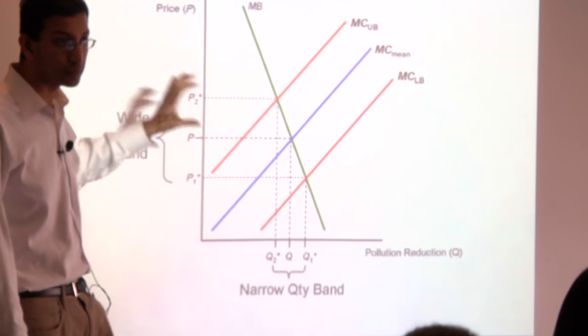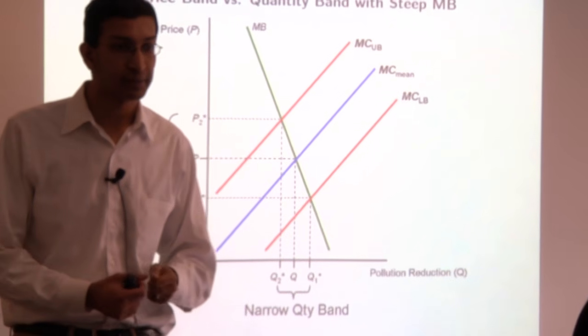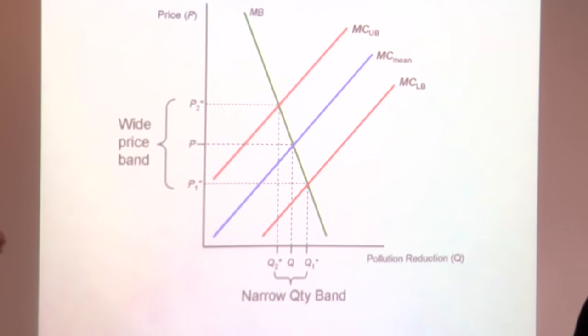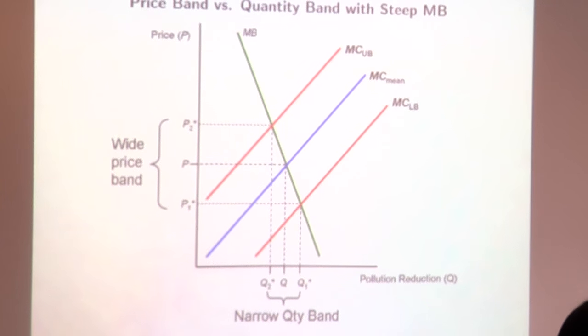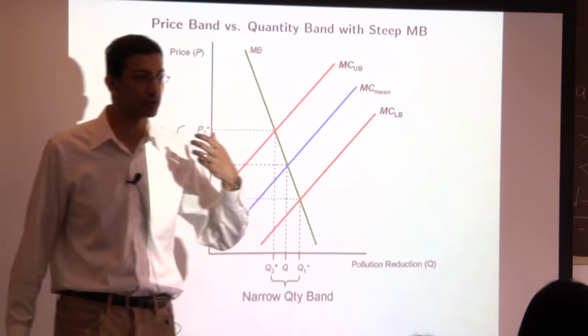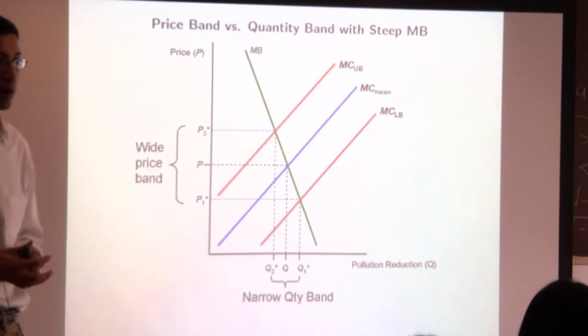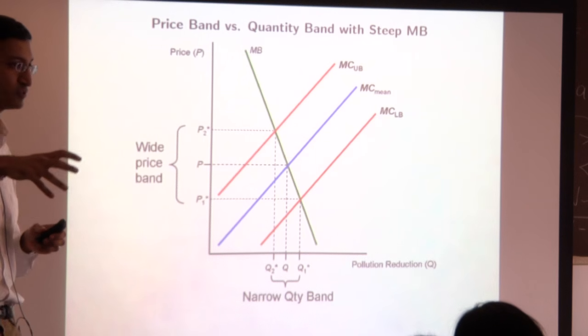So the simple mathematical intuition is there's a lot more scope to make a mistake with the price choice than the quantity choice. Intuitively, what's going on? One concrete example of a steep marginal benefit curve is some sort of toxin in the air where if you're below 10 units of this toxin, it makes no difference for your health.